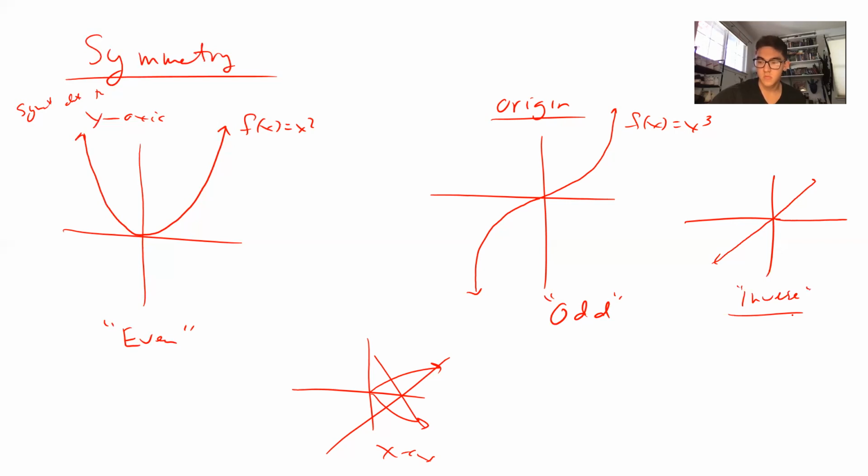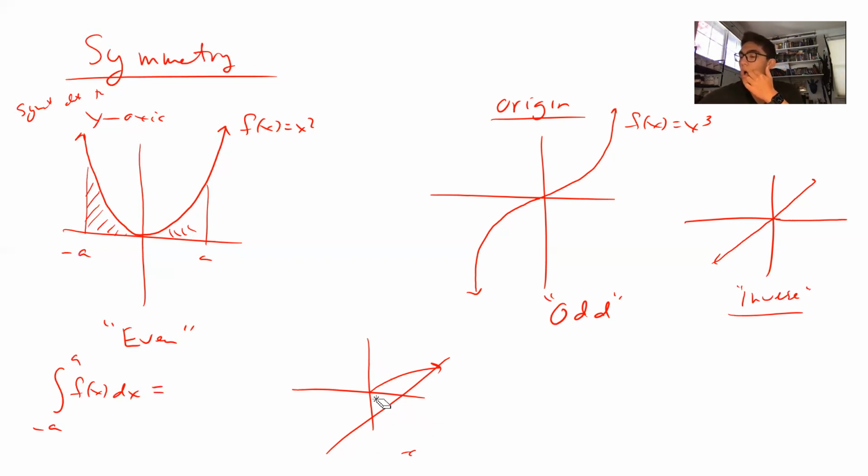Okay, let's jump to it. Four minutes left here. Let's jump to thinking about calculus. So think about area. If I start off with negative A, and I go to positive A, from negative A to A, f of x dx.